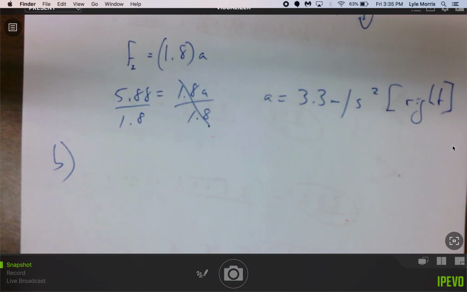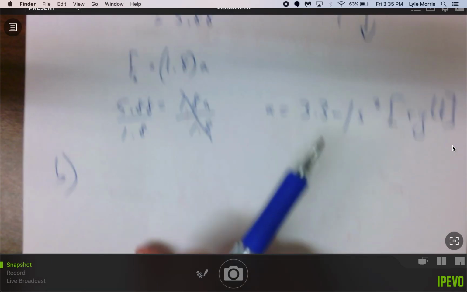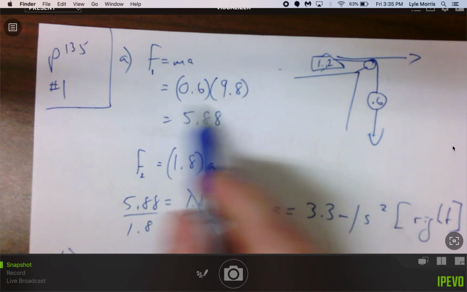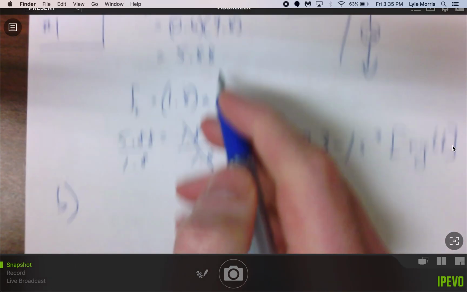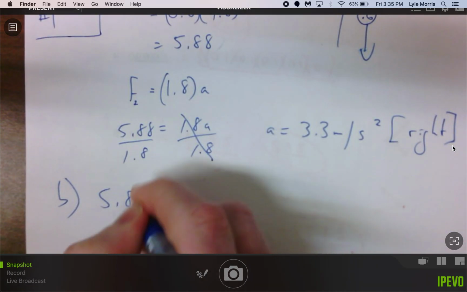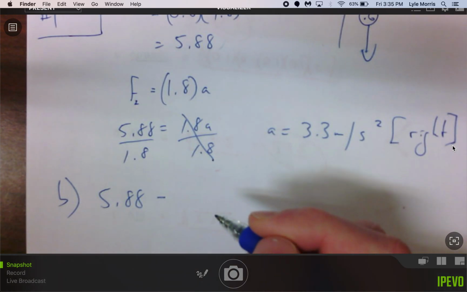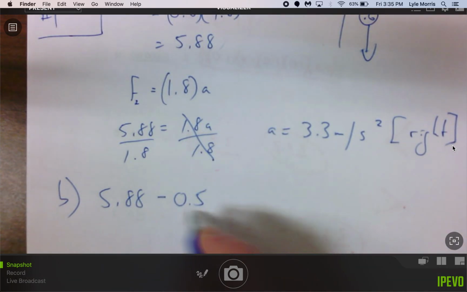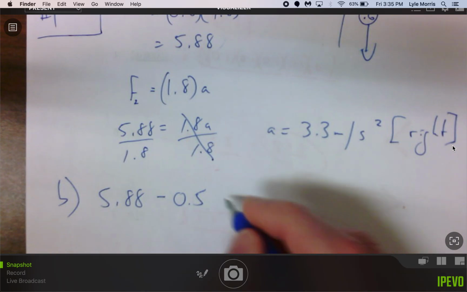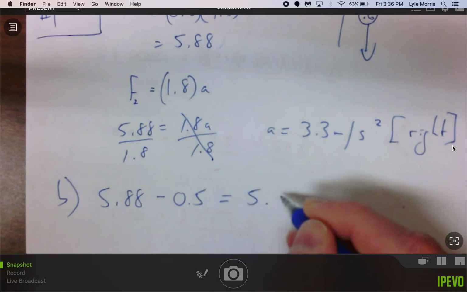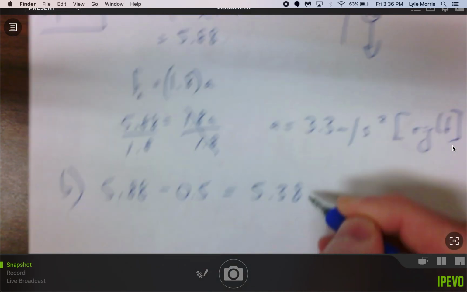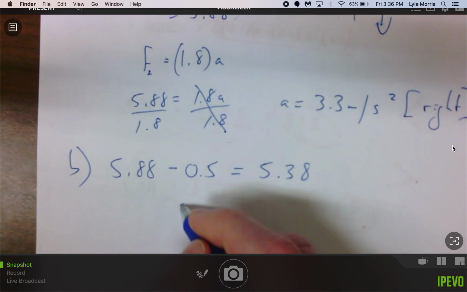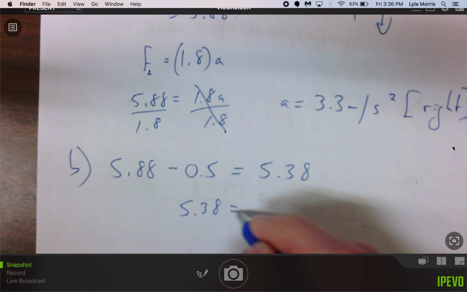B, a force of friction of 0.5 acts on the cart opposite to the motion. So what that means is this is the net force in our situation: 5.88 minus 0.5, because there's 0.5 newtons of friction acting on this. So now our net force is 5.38, and then we just do everything again. 5.38, F equals ma.